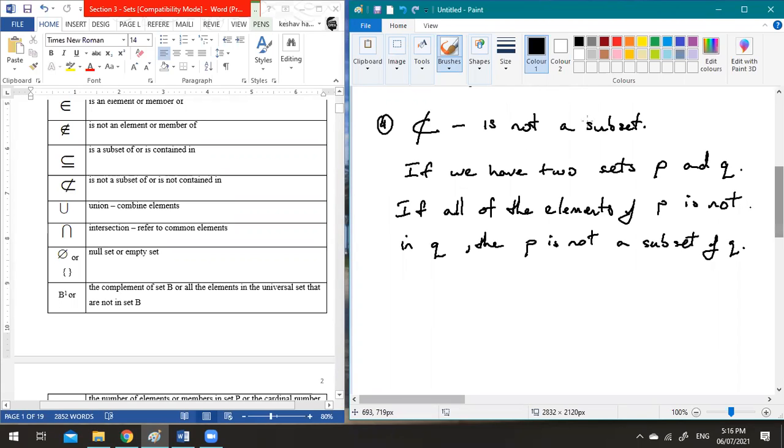Now, note that even if some elements of P are in Q, it is still not a subset.